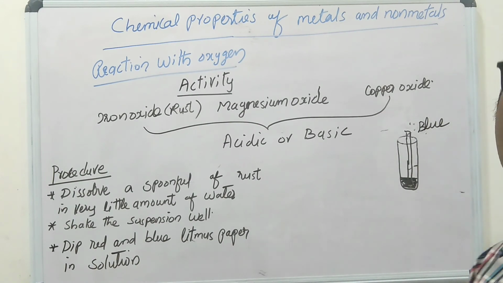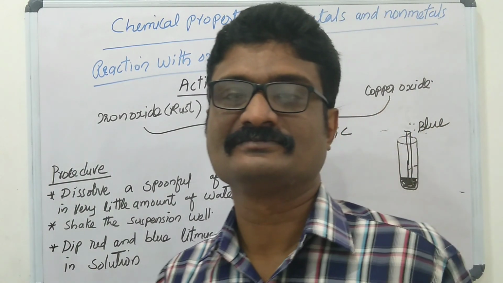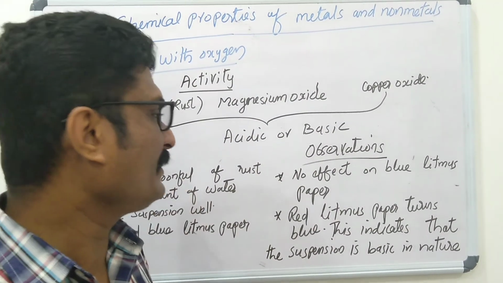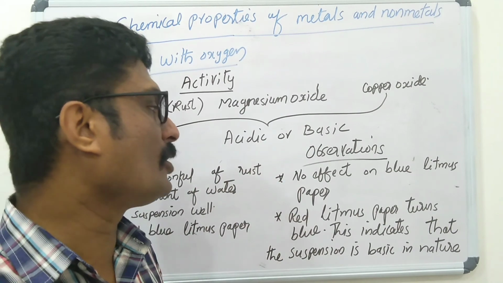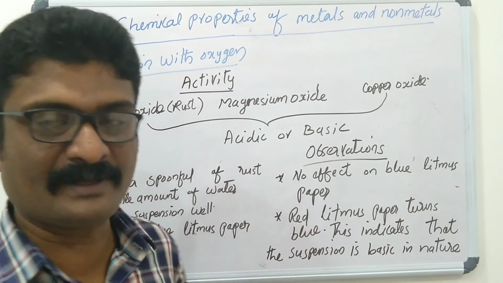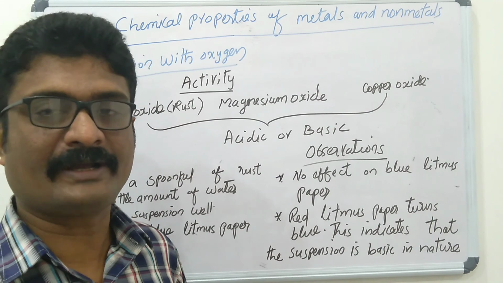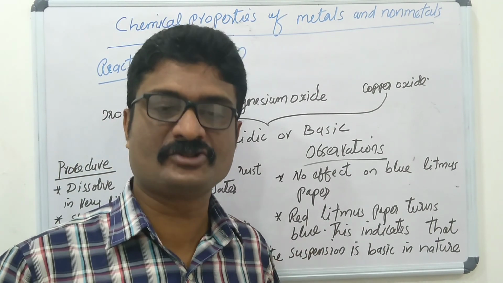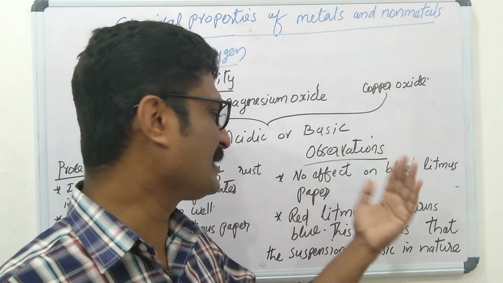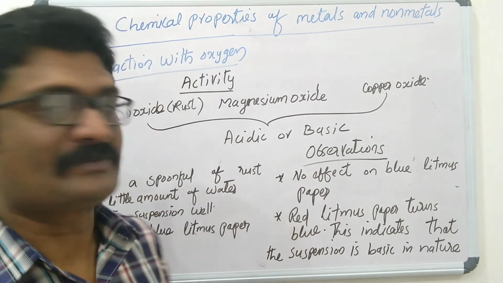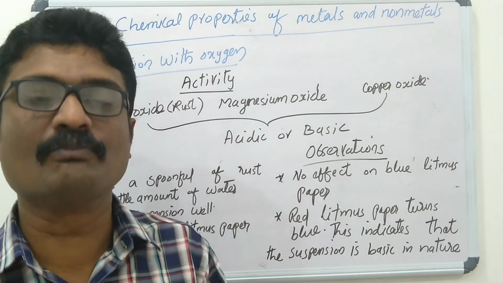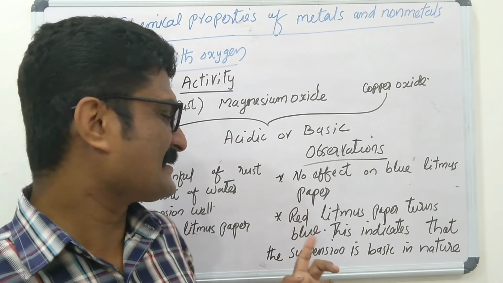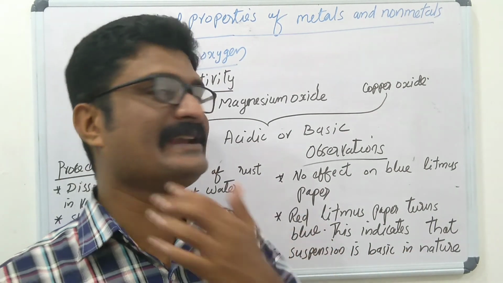What do you observe? Observation number 1: no effect on blue litmus paper. The blue litmus paper did not change to red, but the red litmus paper turns blue. This indicates that the suspension is basic in nature.